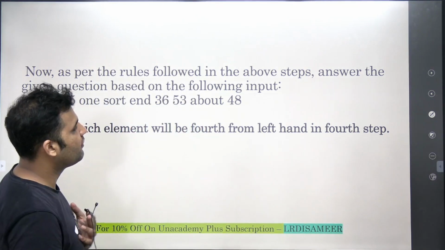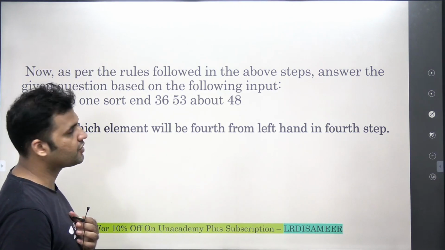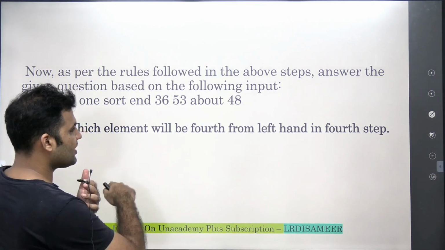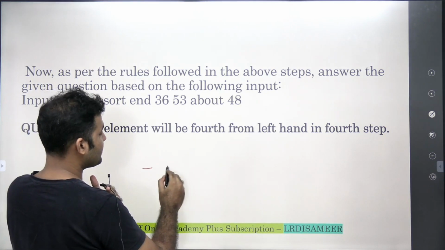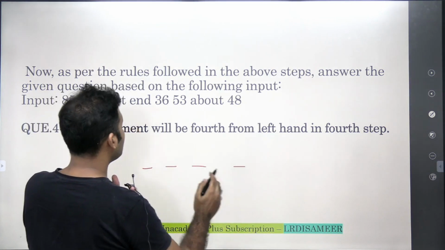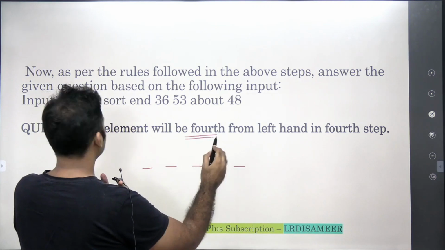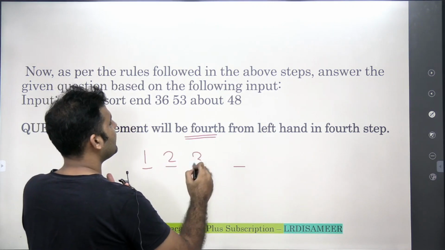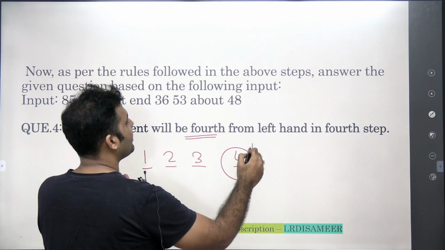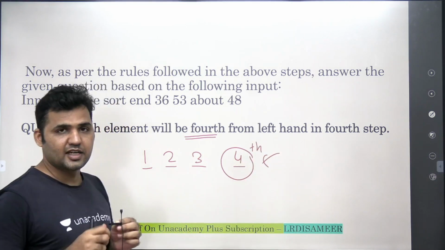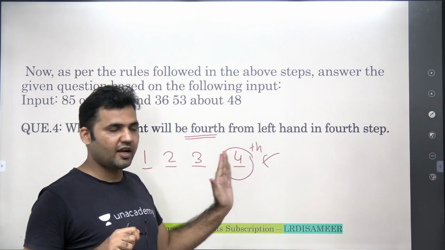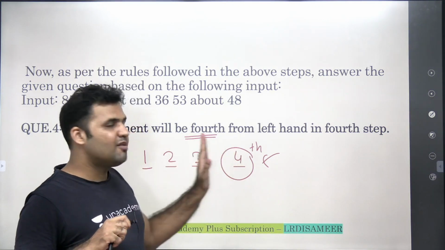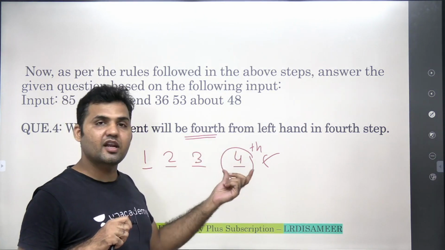Which element will be 4th from the left hand in the 4th step? Now, if I start counting from the left element, the element which will be 4th from the left has to be that element which is ranked as 4th, right? Because if I'm counting from the left hand, the 4th element from the left hand will have a rank of 4.